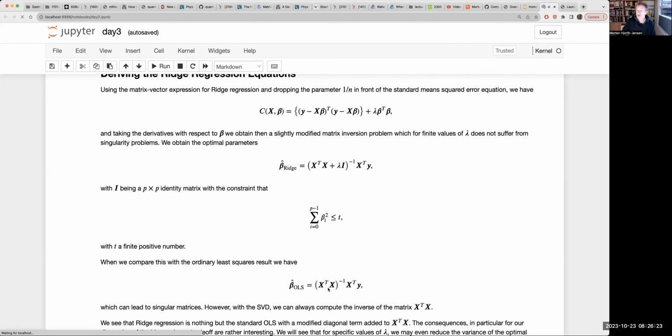So originally, the ridge method was introduced by simply adding a parameter lambda to the diagonal matrix elements, and that would cure the problem of determinants which would be 0 for this matrix, or that the matrix is singular, having at least one eigenvalue which is 0, or determinant which is 0.